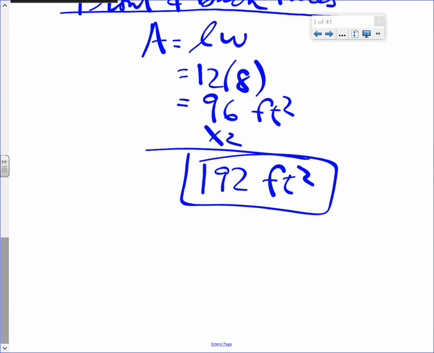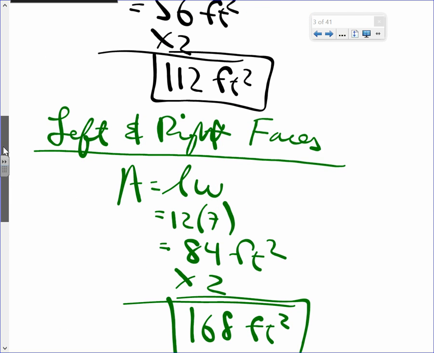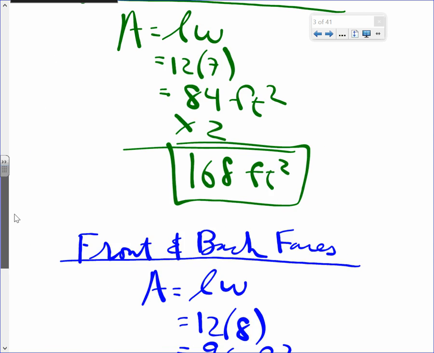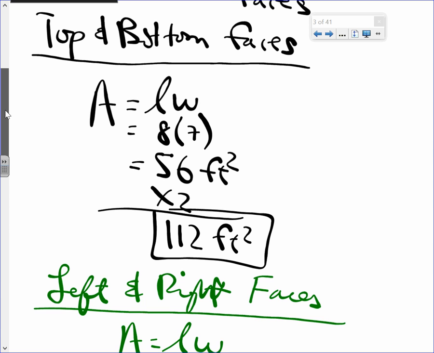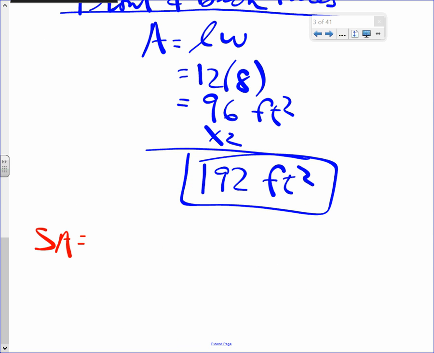All right. Front and back in blue, left and right in green, top and bottom in black. We're now ready to write the surface area in red. Love it. Question so far before we write the surface area? So surface area, SA, is top and bottom is 112 square feet. Left and right is 168 square feet. And then front and back is 192 square feet.